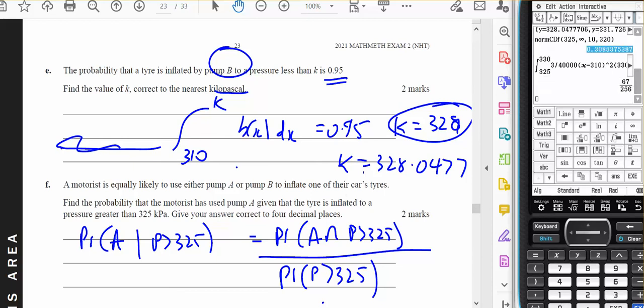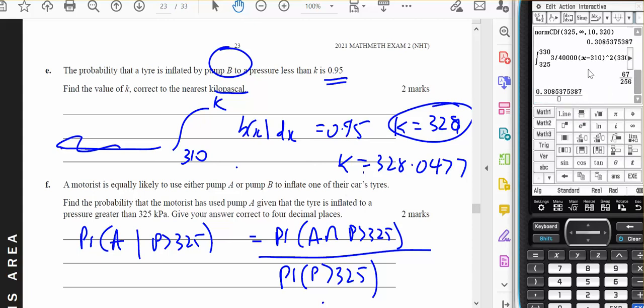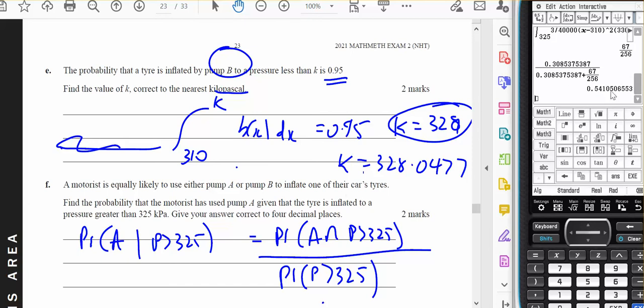So I should have this as my intersection over this plus this. At the bottom is all the ways you can have greater than 325, and that gives me 0.5411 to 4 decimal places. Beautiful.